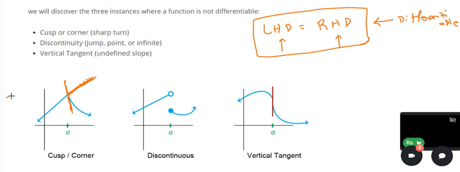They don't, because this one is going in this direction and this one is going in this direction, and the slope is nothing but the steepness, how much it is inclined with the x-axis.